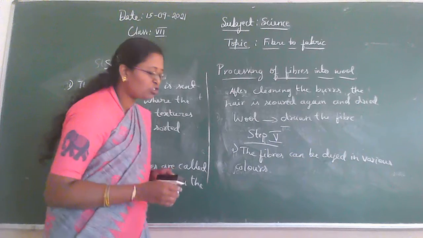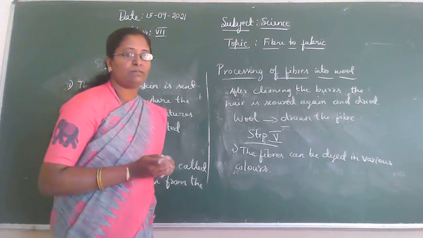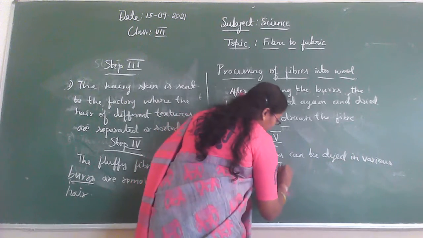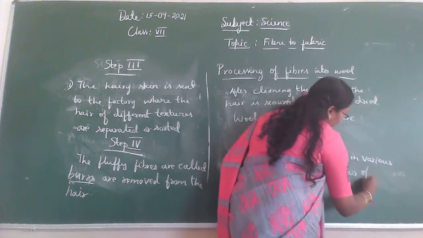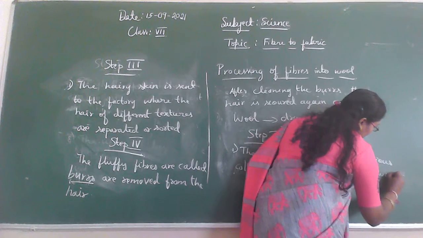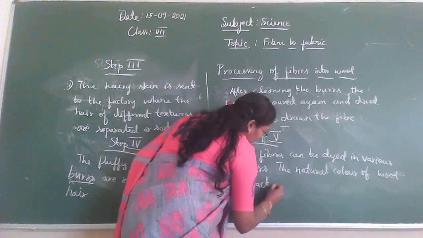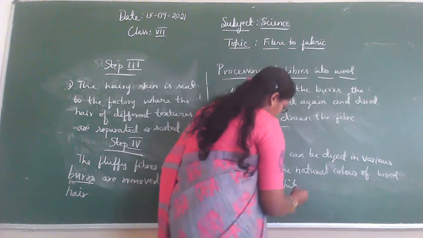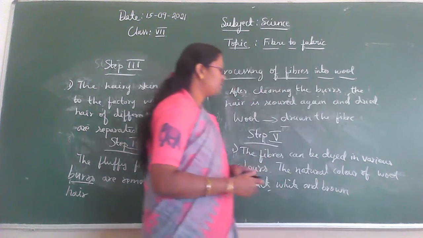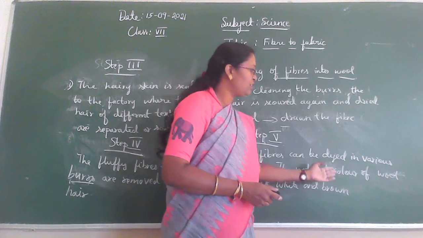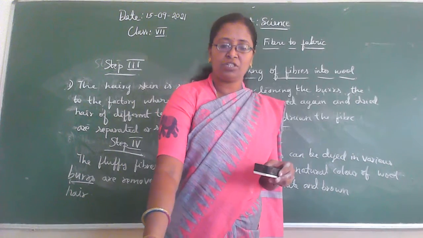But the natural color of wool fiber or goat fiber is white, black and brown. But apart from this, we can dye or give various colors to this fiber. So this is the fifth step.